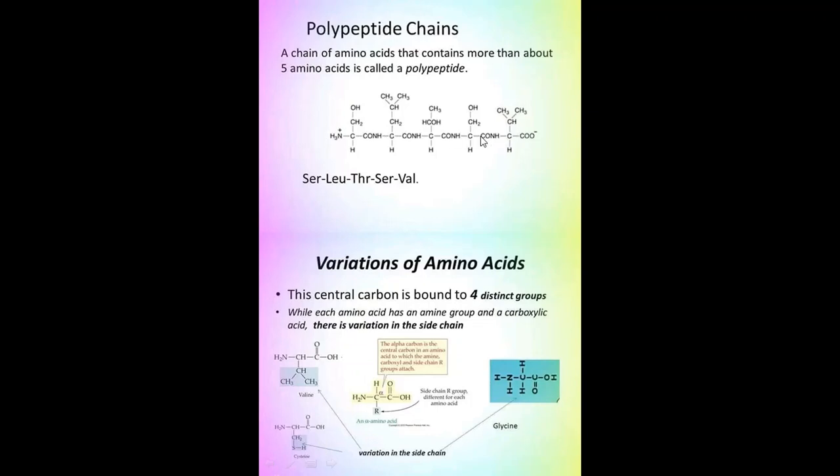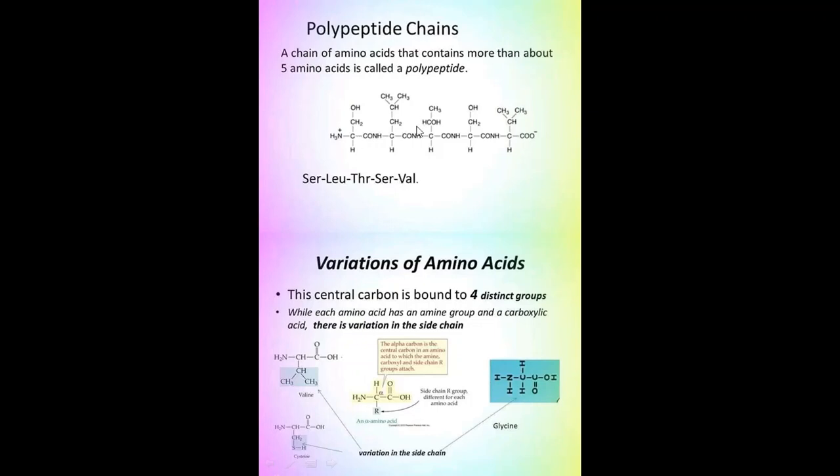It can also be found by counting the number of nitrogen atoms present: first nitrogen, second, third, fourth, and fifth nitrogen. This means that this polypeptide has 5 amino acids.